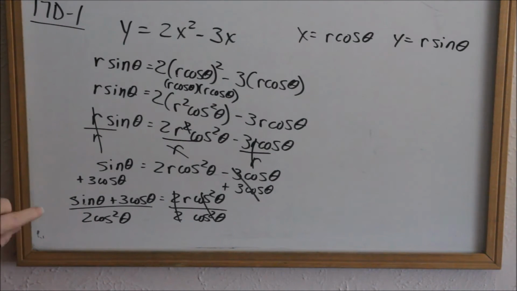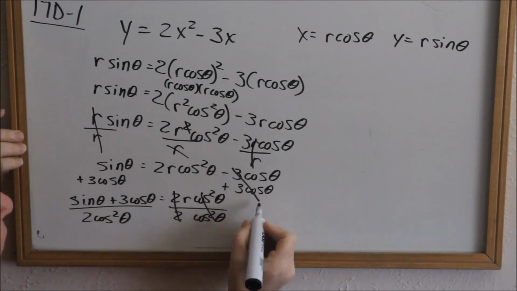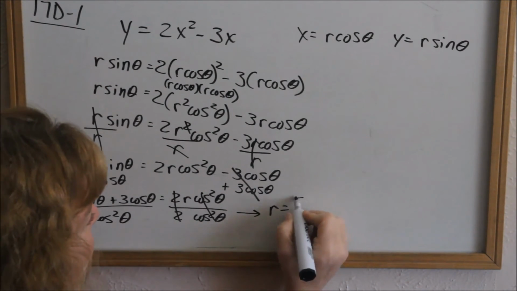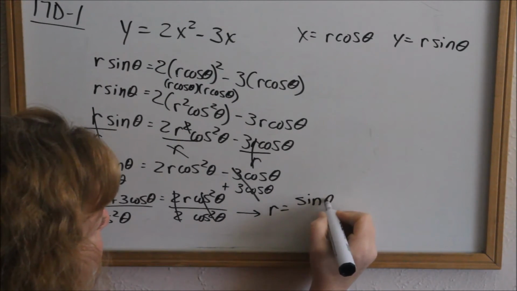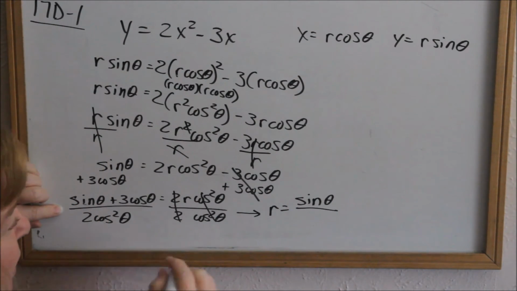the book, if you left it like this, it's probably okay, but the book is going to rewrite this to where you have your cosine under each one. They're going to split this up into 2 different fractions. So basically what they're going to do is write it like this. R equals, the tricky thing is to know how to leave them at the very end, how far to simplify them down. That's the tricky part.